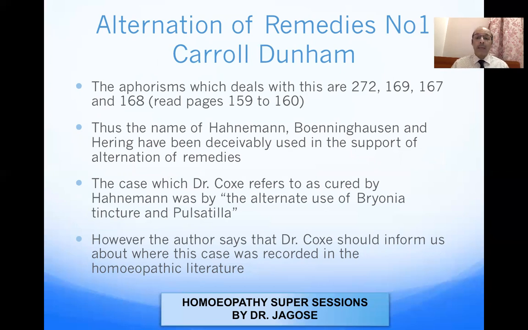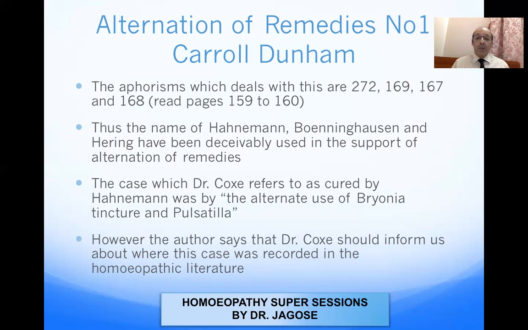Thus, the names of Hahnemann, Bonninghausen, and Hering have been deceivingly used in support of alternation of remedies. Great personalities like our master, Dr. Hahnemann, Bonninghausen, and Hering, their names have been used deceivingly, by saying that these people also supported the alternation of remedies.